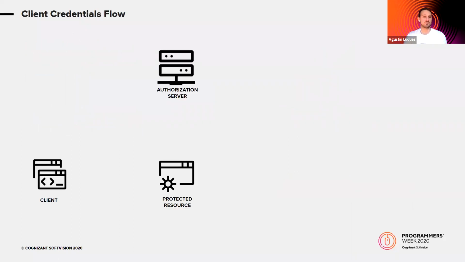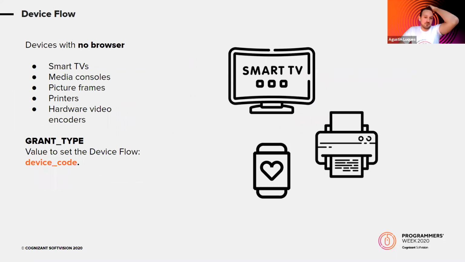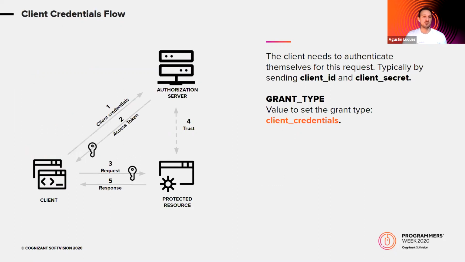Now we'll see the flow, which is basically a call to the token endpoint with credentials to get the access token in return. The grant type will be set, as you guess, to client credential.